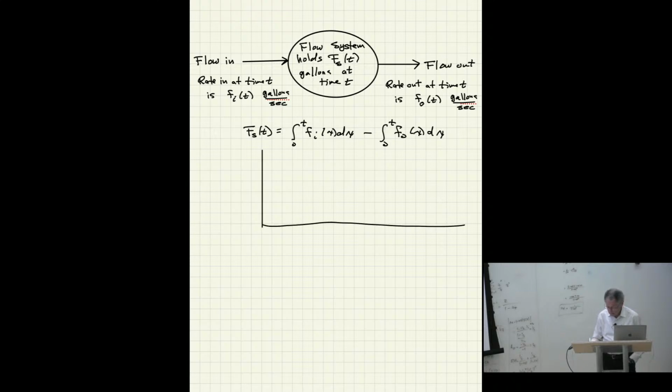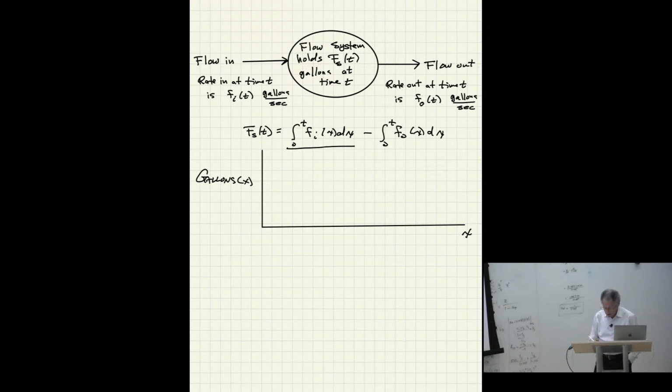So let's plot, versus the amount of flow, say x, the gallons in the system at time x. And let me first plot the amount that comes in as a function of time.